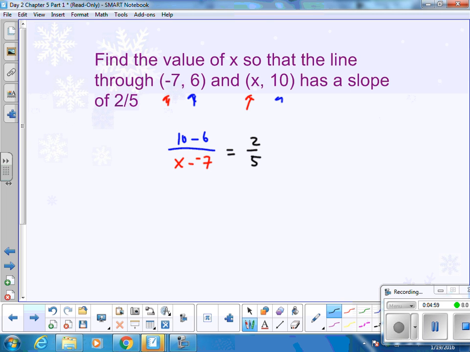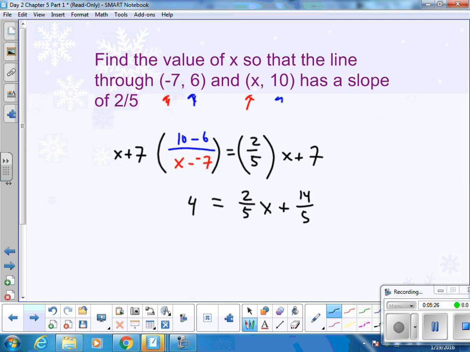For this one, I multiply everything by x plus 7. Let's cancel out, so I'm left with 10 minus 6, which is going to be 4, equals, the 2/5 is being distributed to both terms, so it's 2/5 x plus 2/5 times the 7 is 14/5.